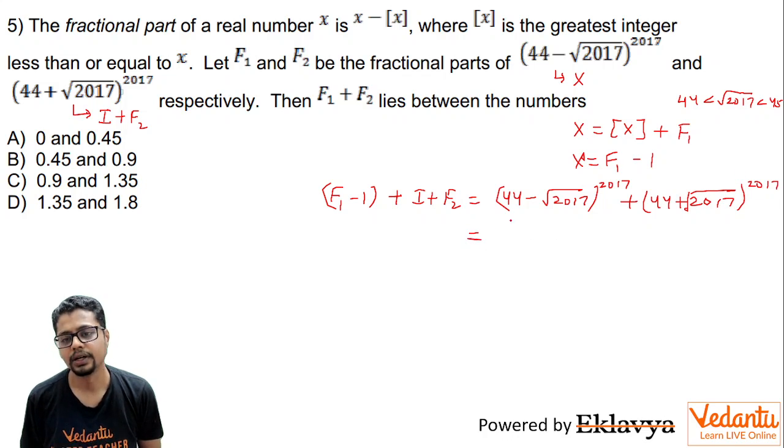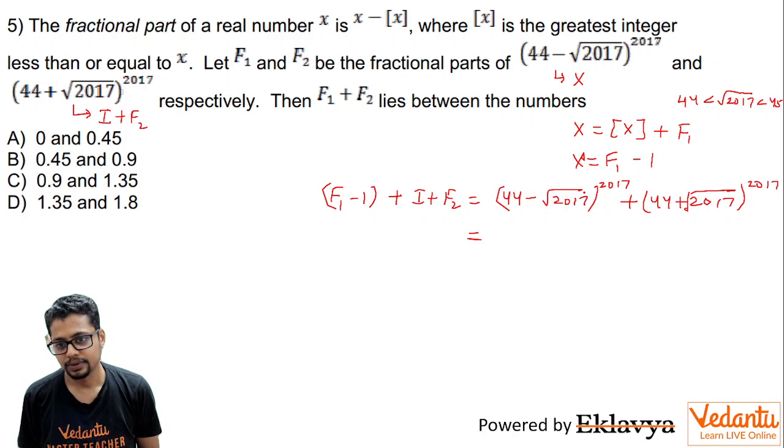Now when root 2017 gets an odd power, numerically the terms in the two expressions would be the same, but they will cancel out. If an even power is given to this under-rooted term, then in both expressions the terms would be exactly the same and they would add up.